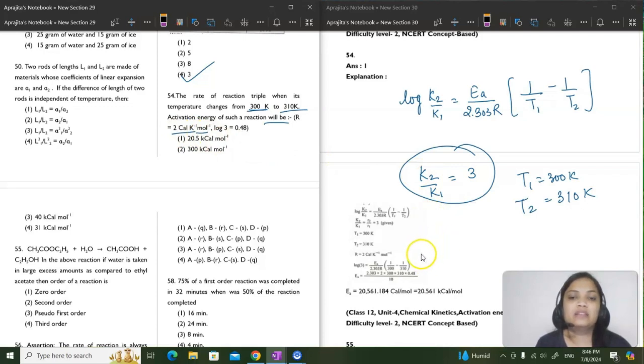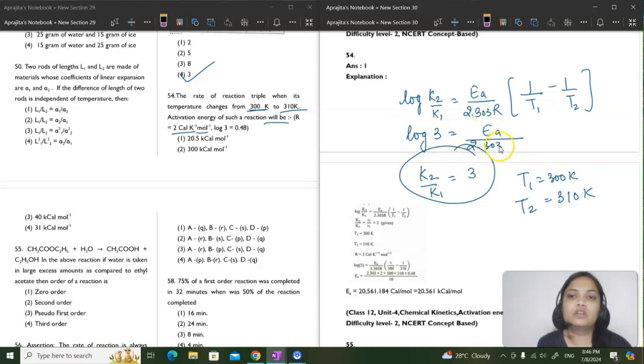Then substitute the value. Here it will be log 3 equals EA upon 2.303 into 2, into 1 upon 300 minus 1 upon 310. The value of log 3 is already given, you don't have to solve it here.